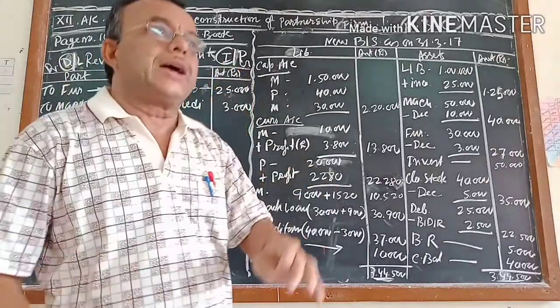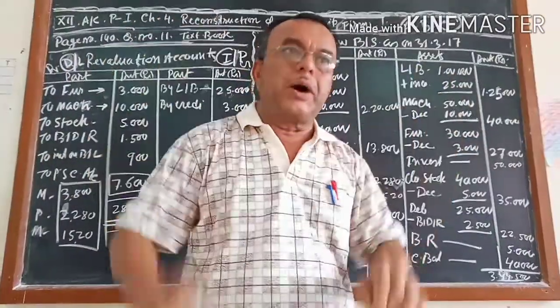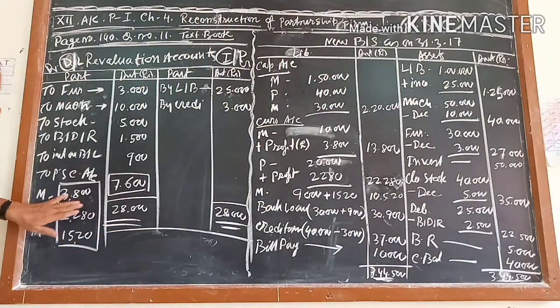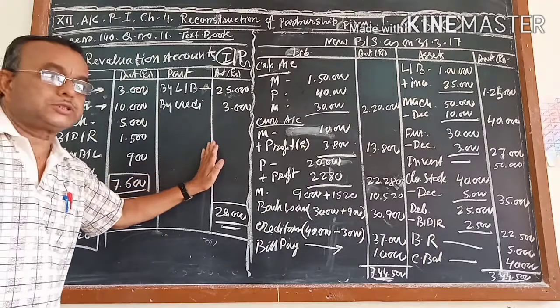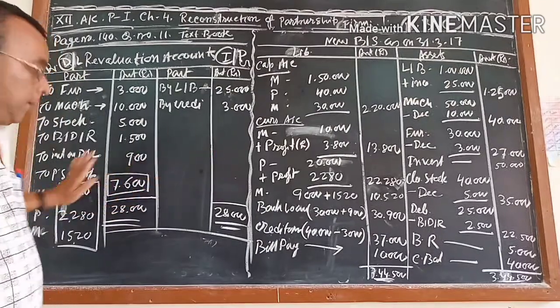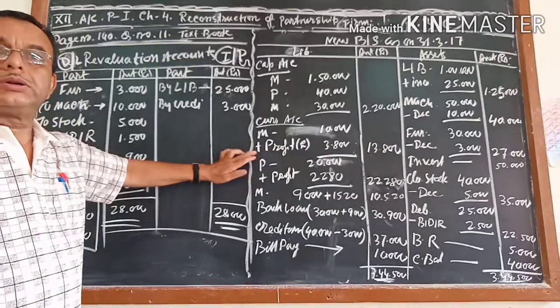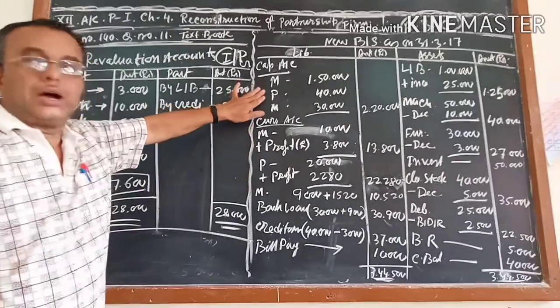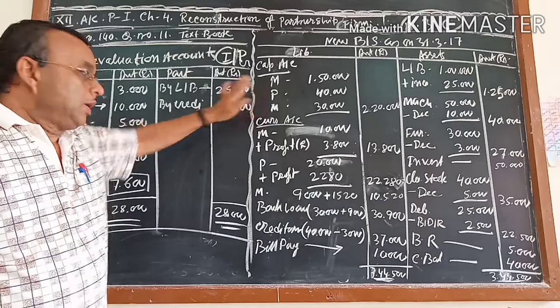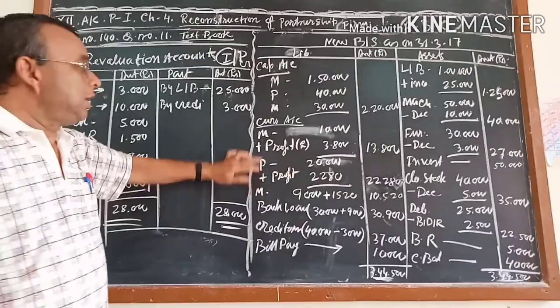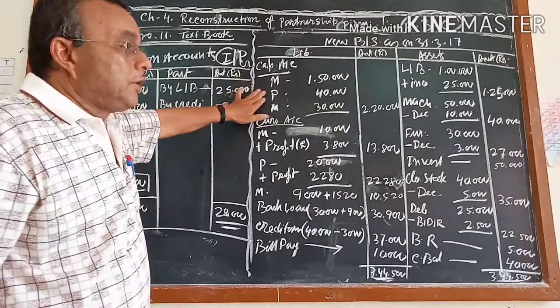And with whom the assets and liabilities change, you mark it. The result of the revaluation account, if profit comes, it will come this side. If loss comes, it will come this side. If profit comes, you will add it in the current account. If the current account is not there, you will add it to the capital accounts. If loss comes, you deduct it from there.